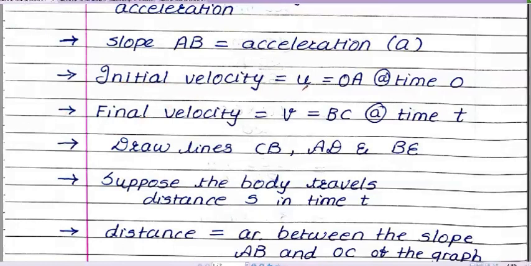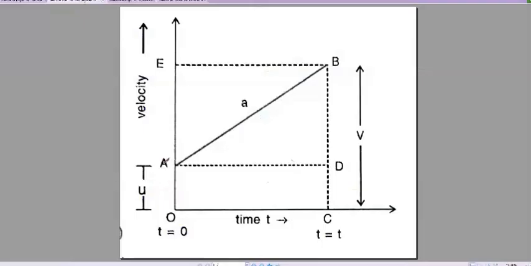Initial velocity means u, it is indicated by OA, and initial velocity is at time 0. So you can say that this OA is initial velocity, that is u, and this initial velocity is at time 0. So this is time 0.